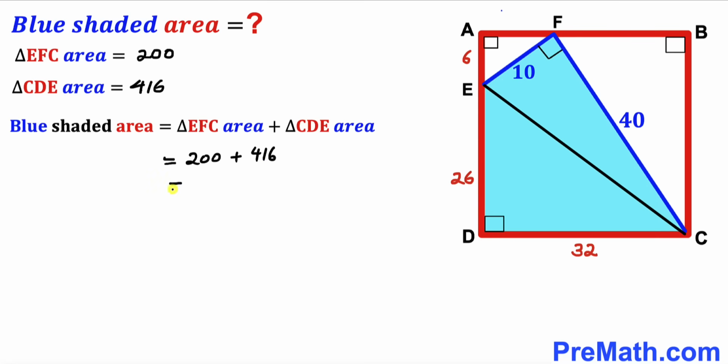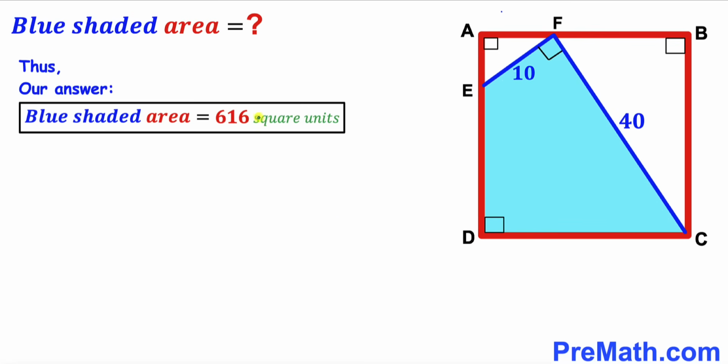If we add them, that is going to give us 616 square units, the area of this blue shaded region. So thus after all the calculations and manipulations, the blue shaded region area turns out to be 616 square units. And that's our final answer.